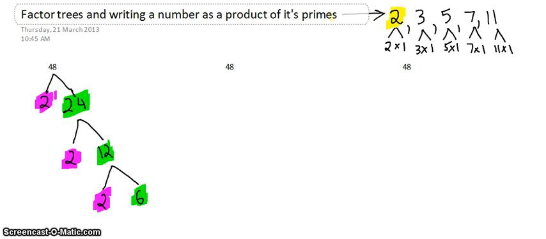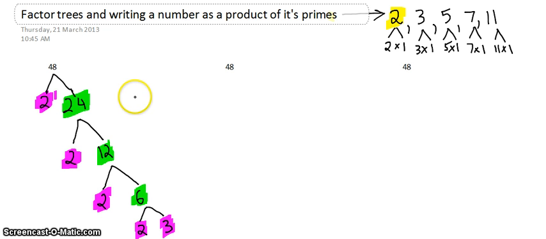So we know we need to factorize this one further. In fact, we probably just need to do this one more time because what you'll notice is 6 is made up of 2 times 3. And these are both prime numbers, so we can stop there. Now looking at this branch down here, there are no more composite numbers, so we don't need to factorize further.